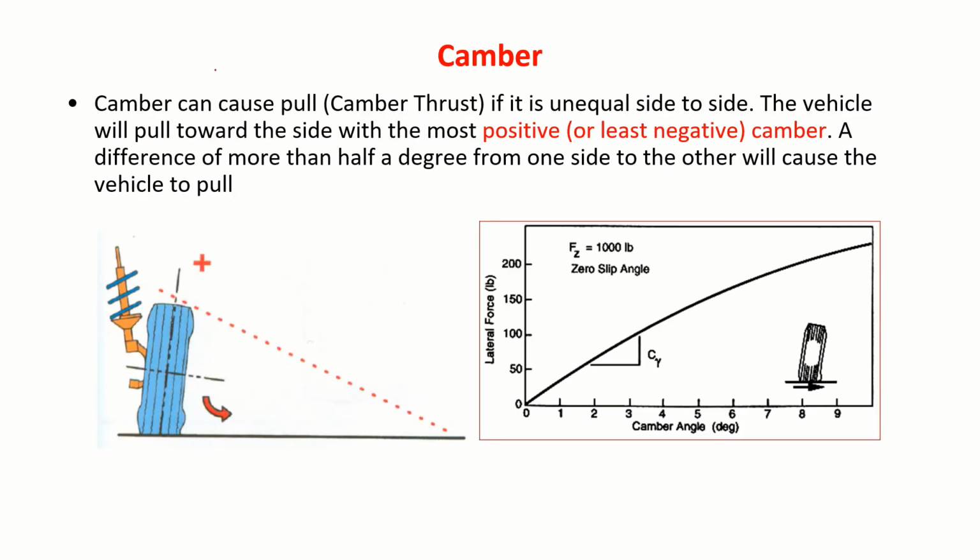Now next, there is what we call camber thrust. What is that? Let us say we are given a positive camber, and the vehicle is taking a turn or whatever it is. Because of this camber, there is a reaction force acting in the outward direction.